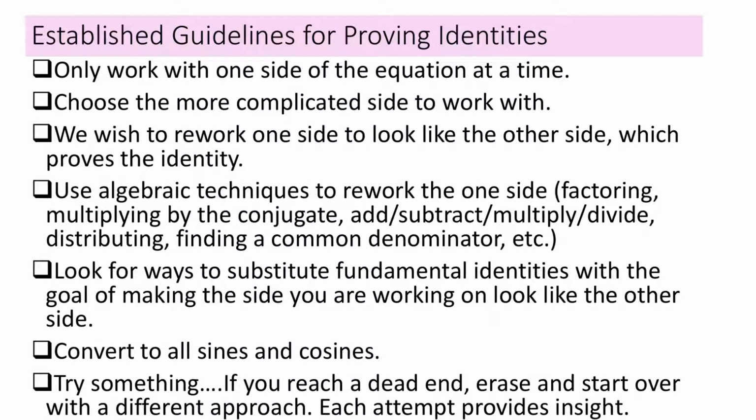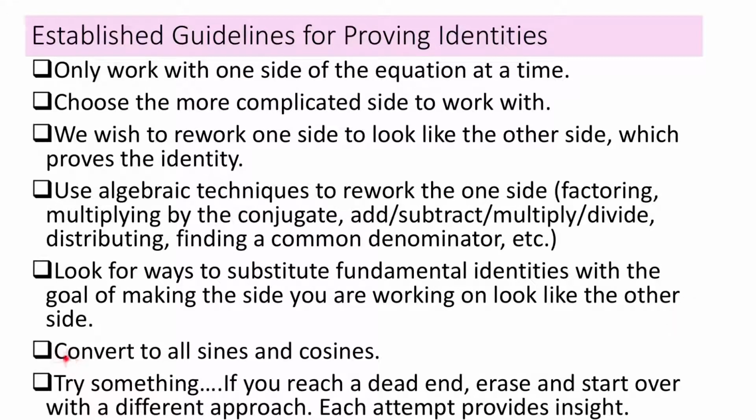We can't go over to that other side. That's an equation solving technique. So these are not necessarily going to be thought of as equations. They're identities. So we look for ways to substitute the fundamental identities with a goal in mind of making the side you're working on look like the other side, like we mentioned.